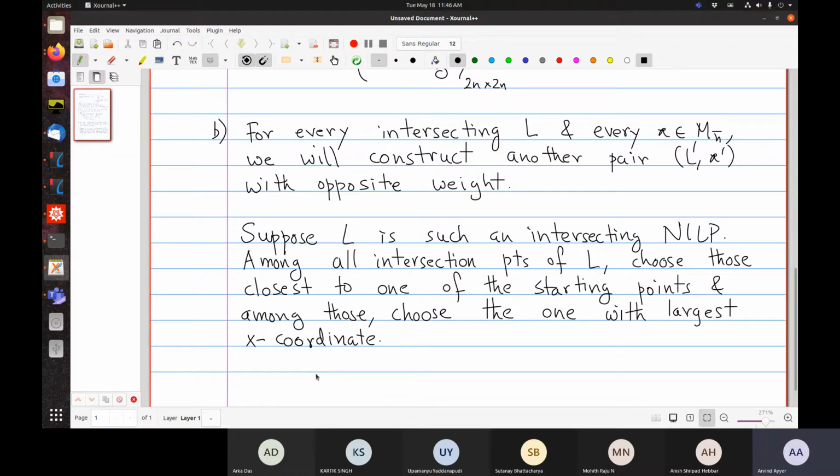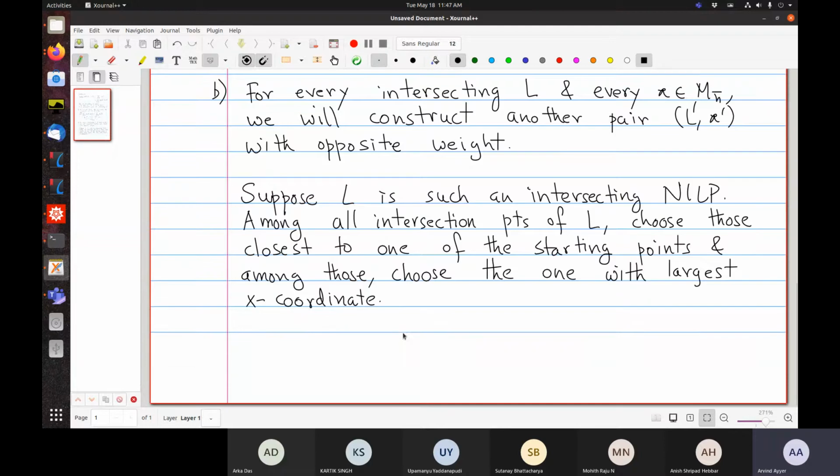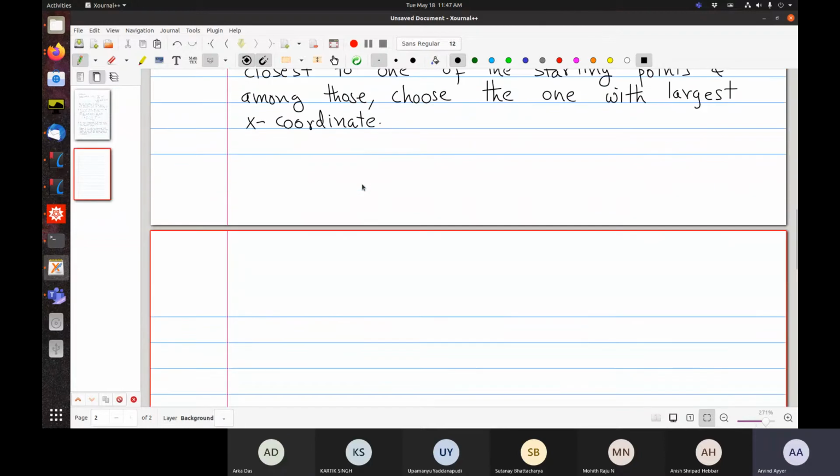That is to say, it's closest to the origin. And this is just to fix some convention. It's not really important what you do. It's just some convention that fixes these guys.